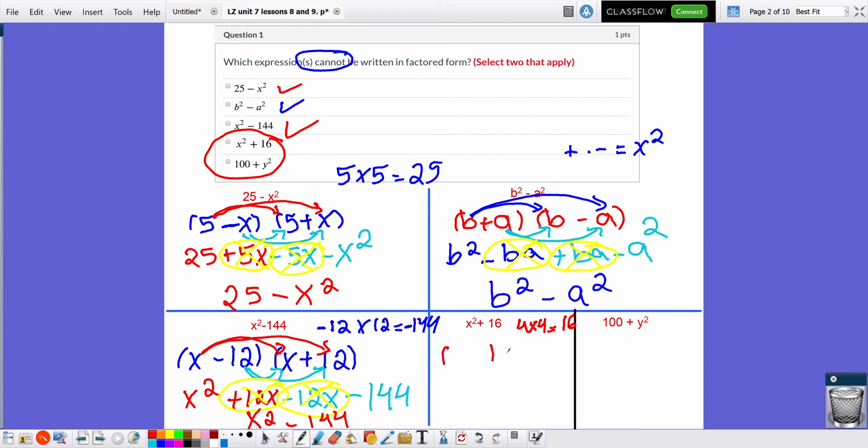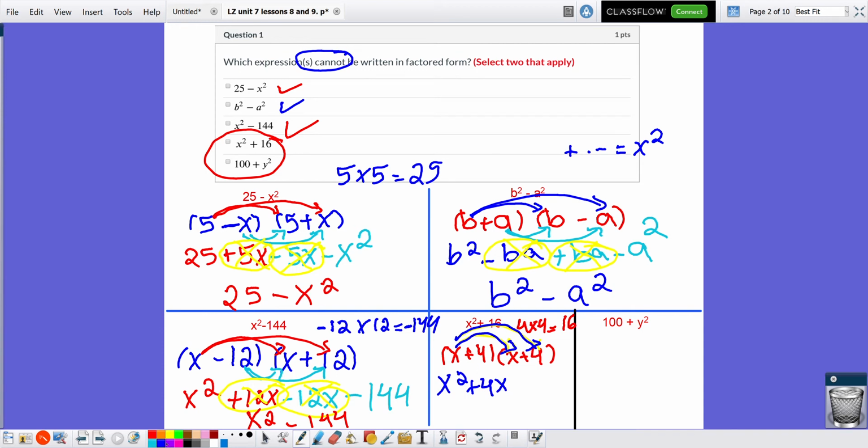So when you write it in factor form, we have x here to give me x squared, and positive 4 to give me positive 16. So if I do this, x times x is x squared, x times 4 is positive 4x.